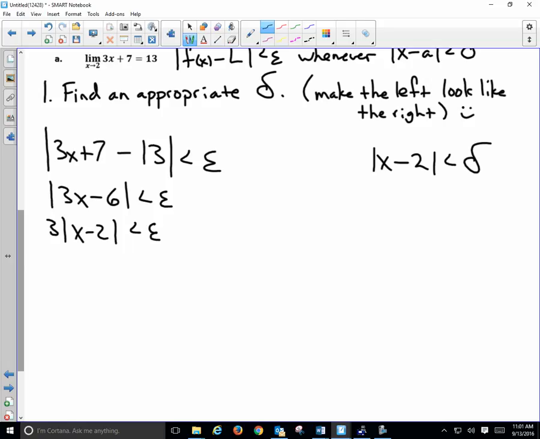Look closer now. Now what should I do? This looks like this, doesn't it? So we have now found an appropriate delta.